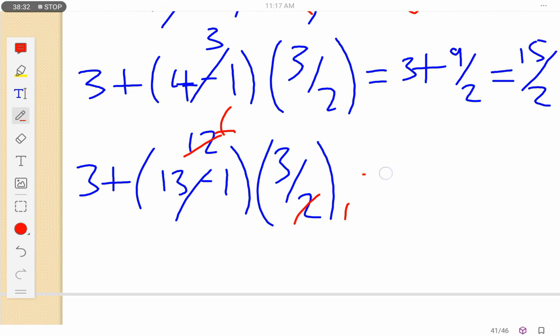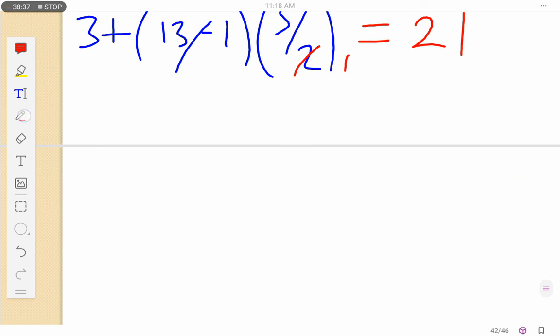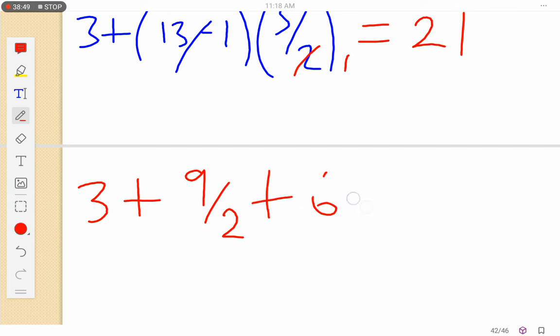So at the end of the day, I'll have 21 here. So writing my sequence now becomes 3 plus 9 over 2, then I've got plus 6 plus 15 over 2 plus dot dot up to 21.